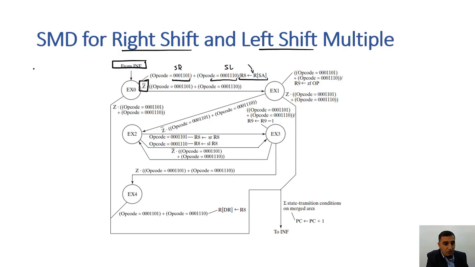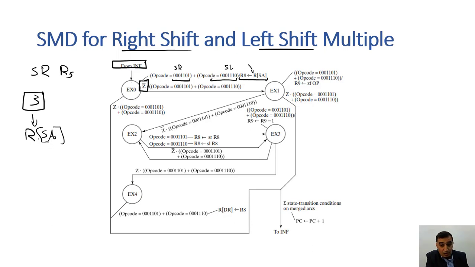So let's say I'm going to shift right R5 3 times. This number 3 will be stored in the instruction. Now if RSA is equal to 0, this means I don't need to do any shifting.